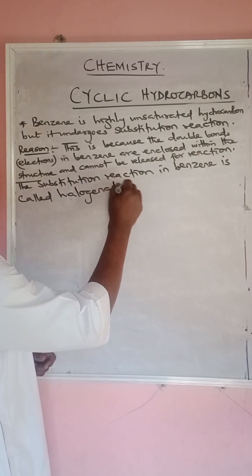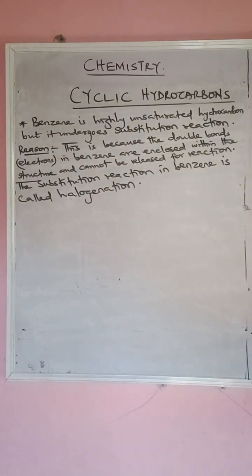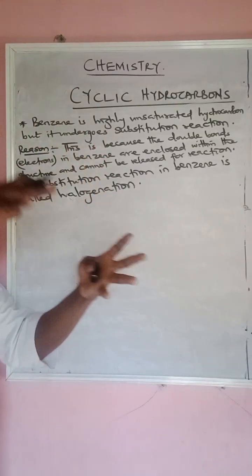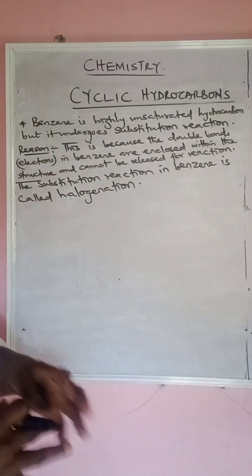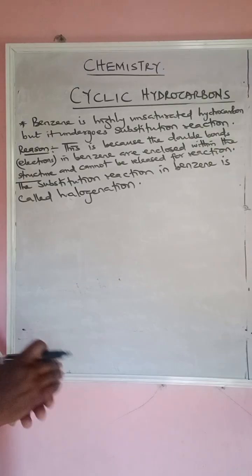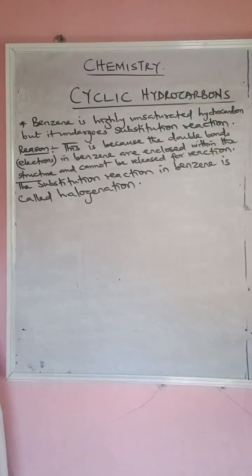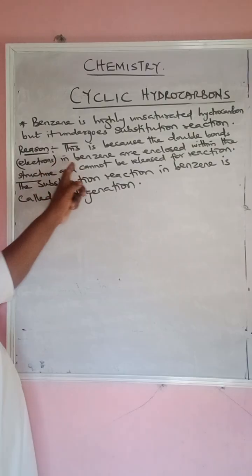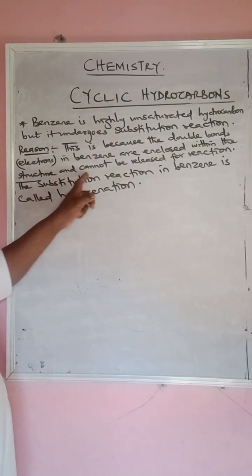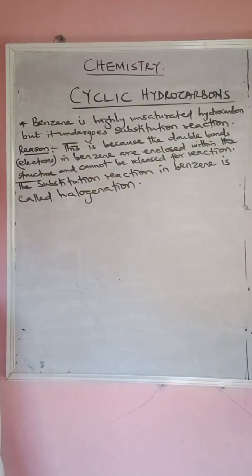Take note of that. What makes benzene undergo substitution? Because the bonds are enclosed and they cannot take part in the reaction. They cannot be released. So the substitution reaction in benzene is called halogenation.